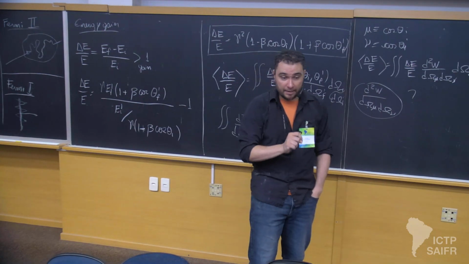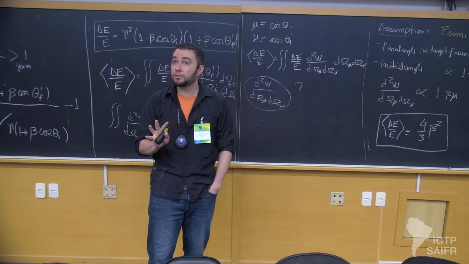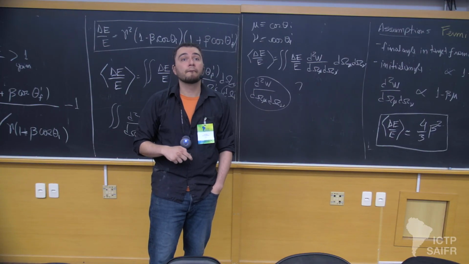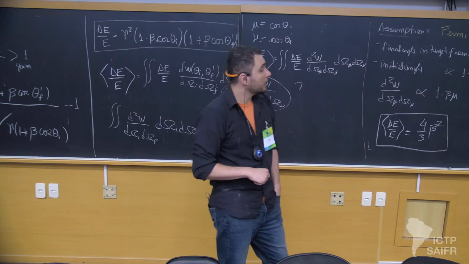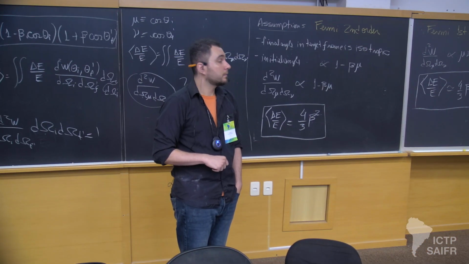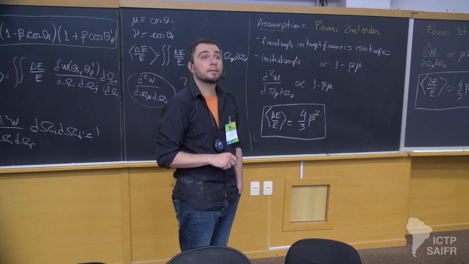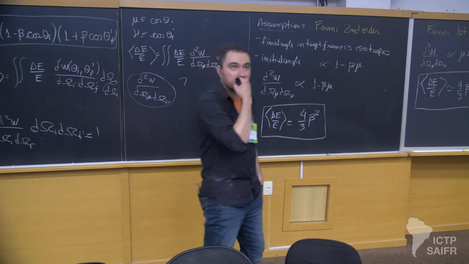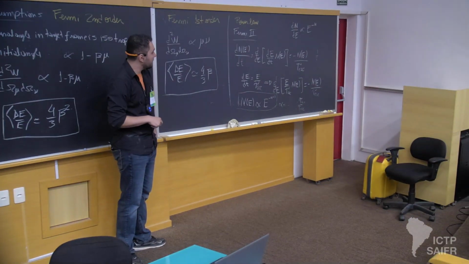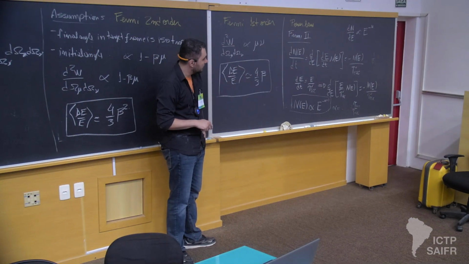Okay, since I have 10 minutes, are there questions so far? It depends how you see it, right? In this derivation, at the end, we are counting the particles that are exiting.